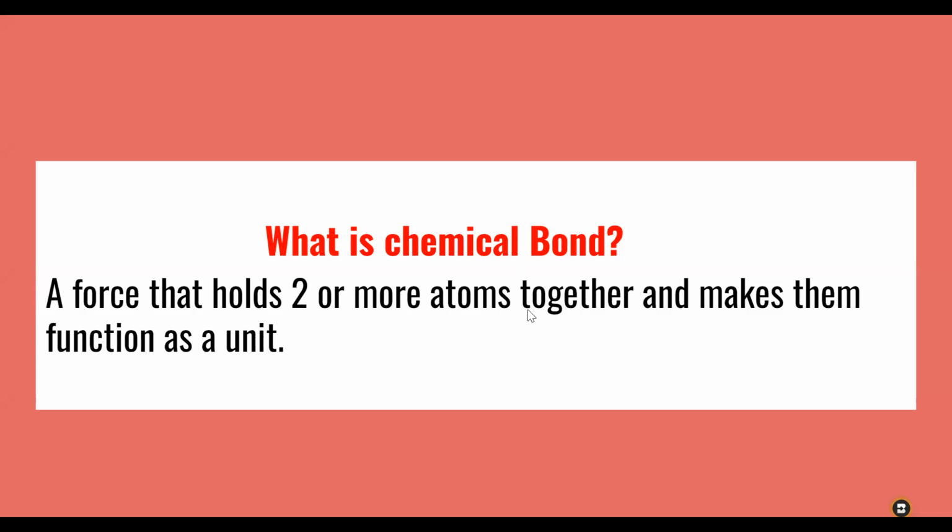It's not only one way. And when they bond together, each of the atoms becomes stable. Okay? So you saw clearly how different atoms bond and form a unit. That chemical bond is like a force holding the atoms together.